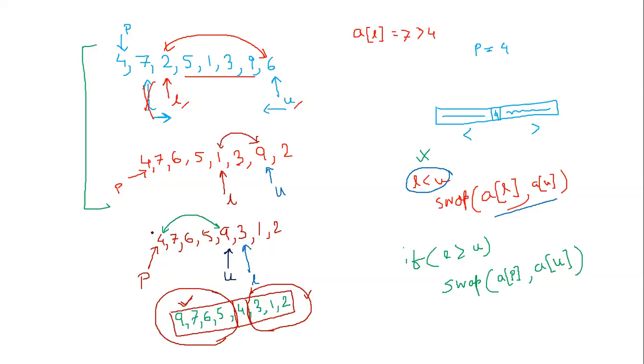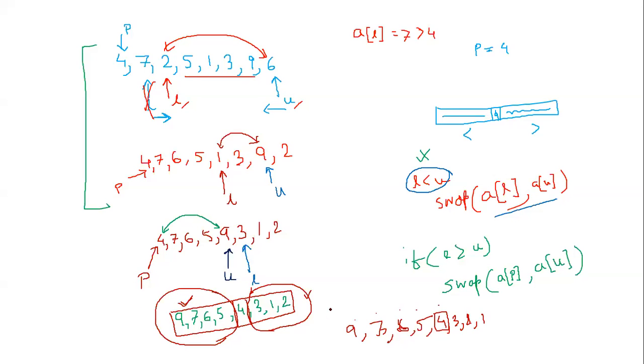Now, one more interesting observation over here. If you sort this whole array just by yourself on a copy, what will be the order? It will be 9, then 7, then 6, then 5, then 4, then 3, then 1, then 2, like this. And what is the position of 4 in the sorted array? 1, 2, 3, 4, 5th position.